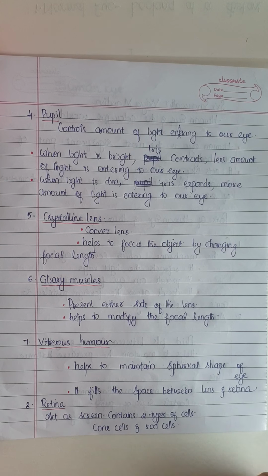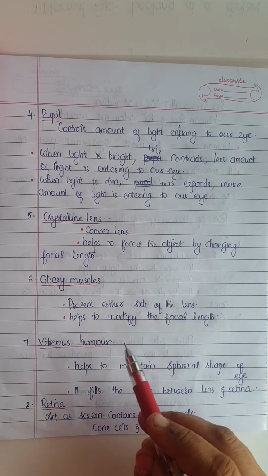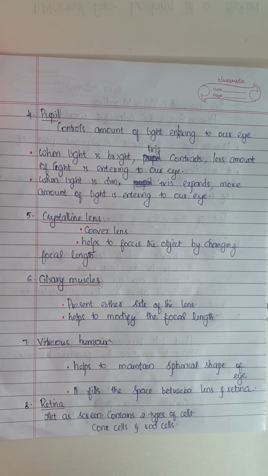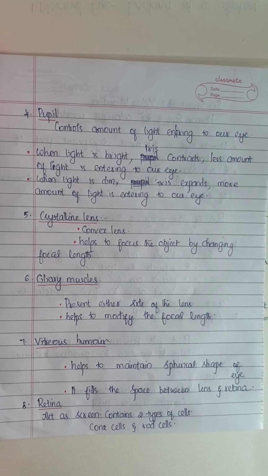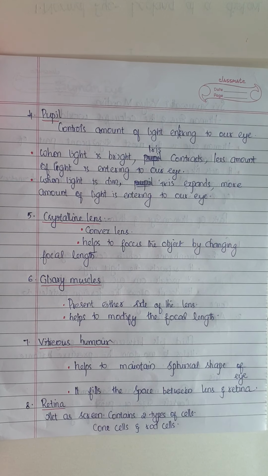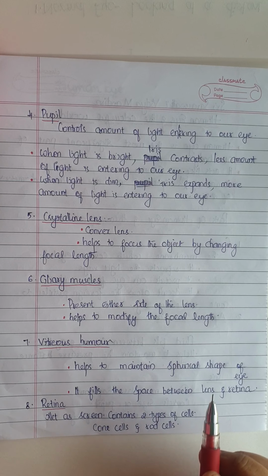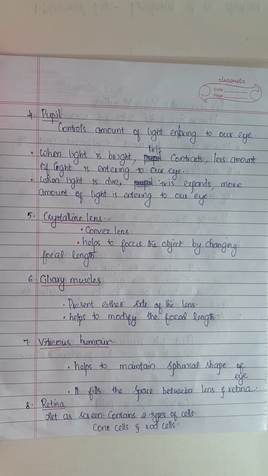Right, children? The brain interprets the signal, processes the information and allows us to see the object. Then what is the optic nerve, children? It is the optic nerve which takes the images to the brain in the form of electric signals.